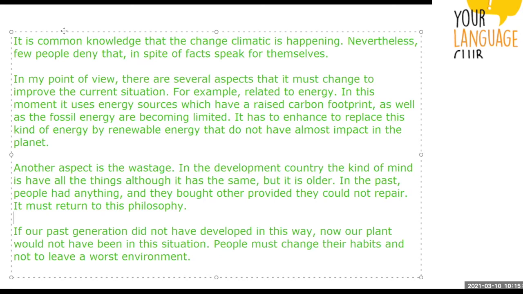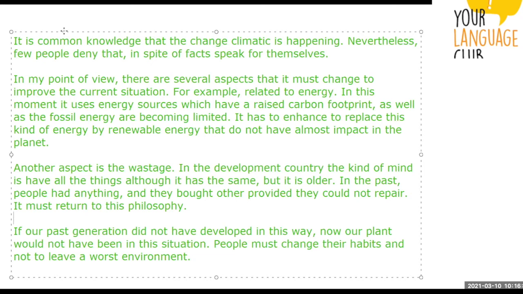Okay, in my point of view, there are several aspects that it must change to improve the current situation. For example, related to energy. In this moment, it uses energy sources which have raised carbon footprint, as well as the fossil energy are becoming limited. It has to enhance to replace this kind of energy by renewable energy that do not have almost impact in the planet.